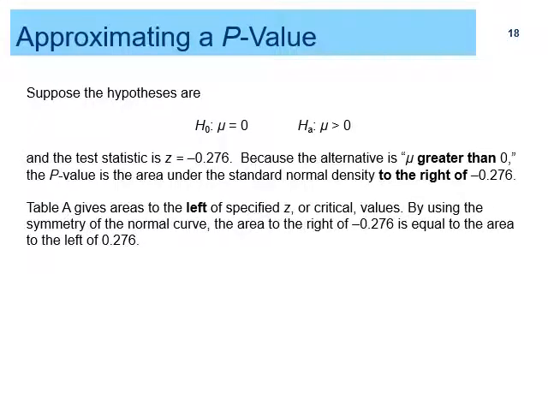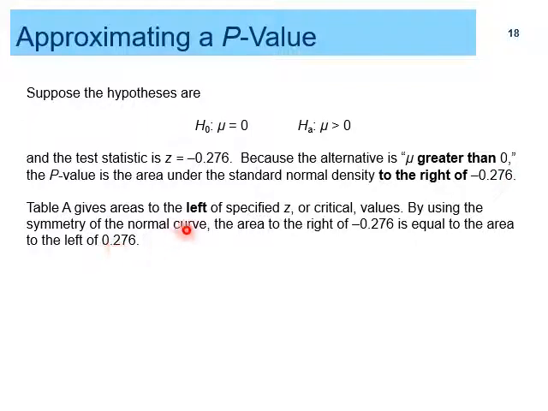Suppose the null hypothesis is mu is equal to 0 and the alternate is mu is greater than 0, and the test statistic z is equal to minus 0.276. Because the alternative hypothesis is mu greater than 0, the p-value is the area under the standard normal density to the right of minus 0.276.